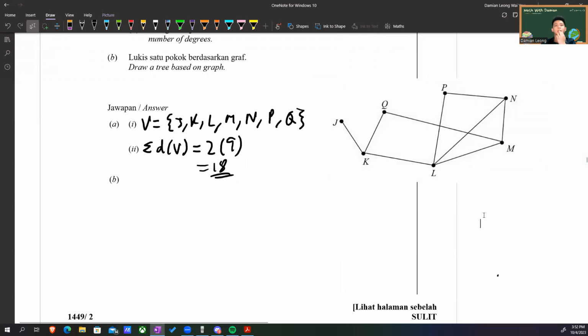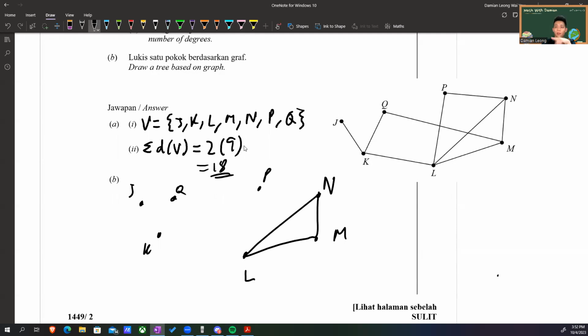I'll draw the tree, so I need to have all the vertices: J, Q, K, P, N, M, L. There's more than one way to draw the tree, but it cannot have a loop. For example, if I have this, then it's not a tree. I cannot form a loop, but I need to connect all the vertices. This J, K part must be the same. Definitely, there's no other way.